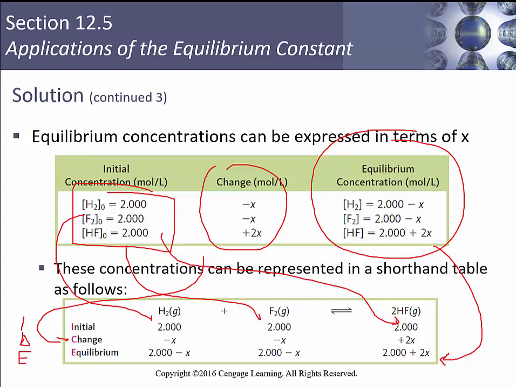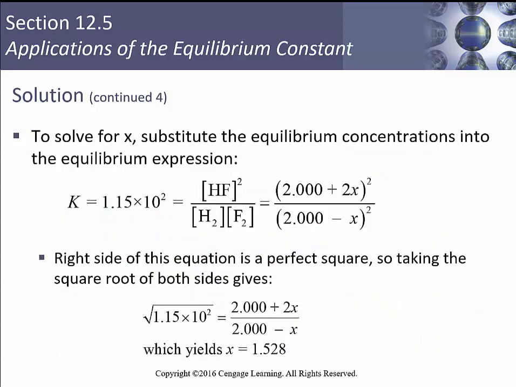Okay. So to solve for x, we're going to substitute our equilibrium concentrations into the equilibrium expression. We were given this value of 1.15 times 10 to the 2 is equal to HF squared divided by H2 times F2. This is coming from our balanced chemical equation, and the value of K would have had to have just been given to you.